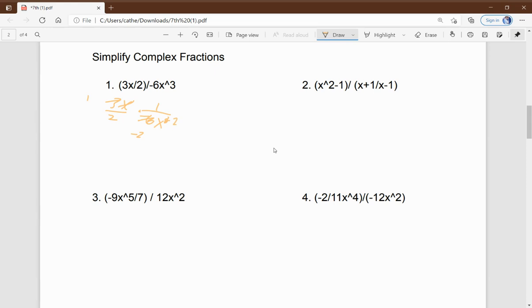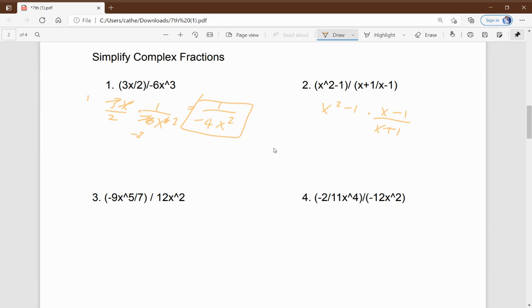Replace that with 2. So that will equal 1 over negative 4x squared, and then multiply that by x squared minus 1 over x minus 1 over x plus 1.